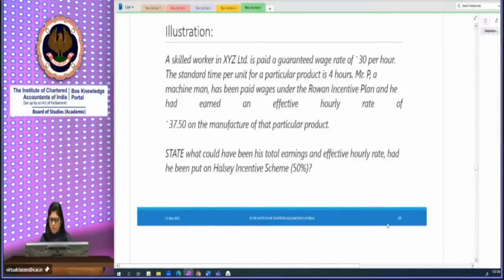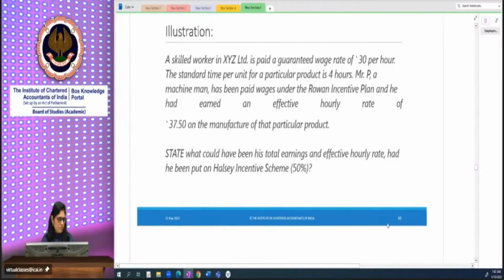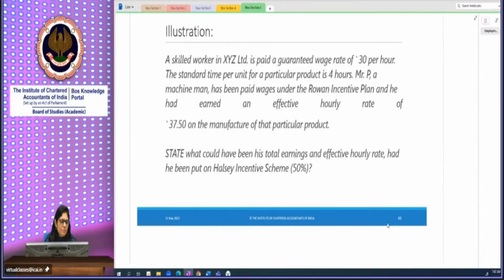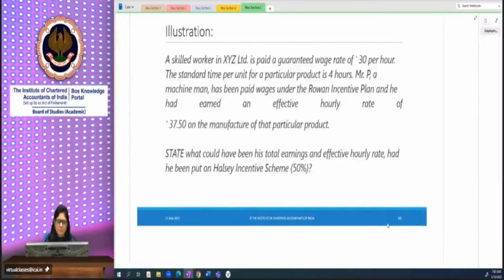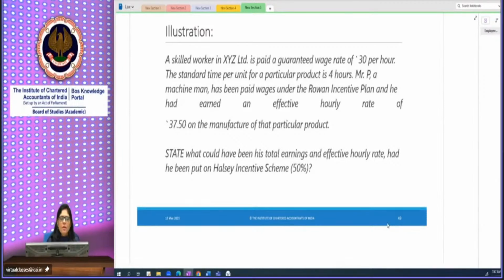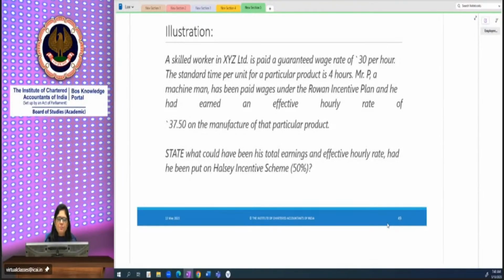Just take a note of this, all of you. Take a note of this question, please. A skilled worker in XYZ Limited is paid a guaranteed wage rate of 30 per hour. So this is the guaranteed wage rate.